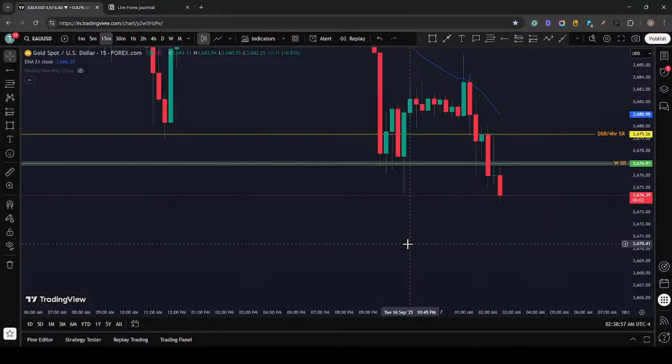Losses are the fees you pay to the market, and when you are paying fees to the market, you have to collect data from there. So then I started journaling, and it's not only about the journaling, it's about journaling and then analyzing your trades.